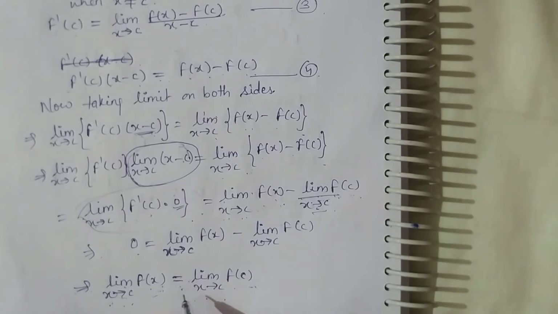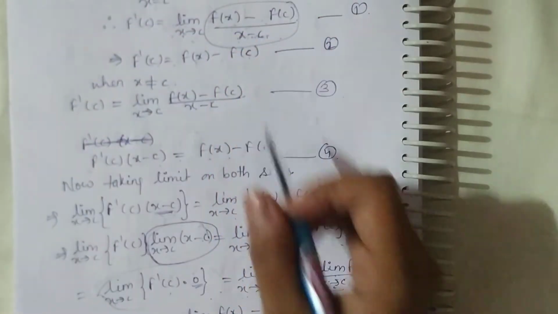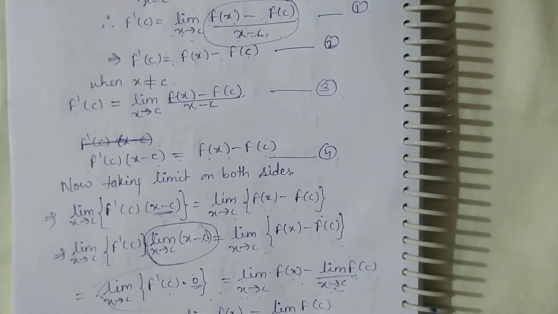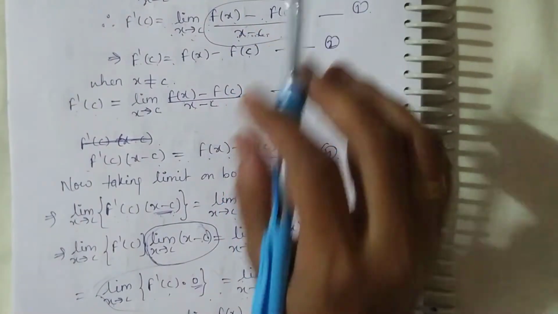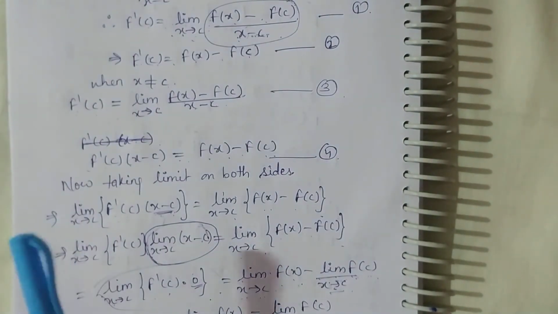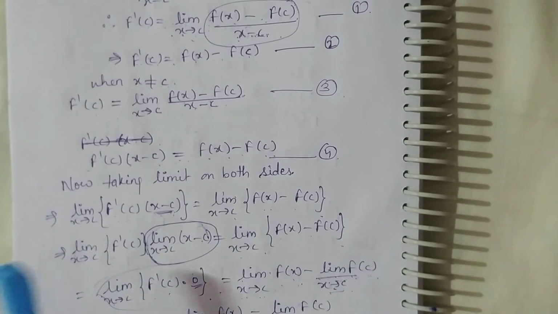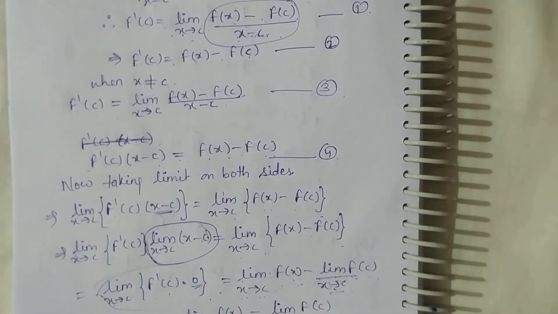Therefore the function is continuous. It means that here we have taken the function as differentiable and we get the result that the function is continuous. It means that every differentiable function is continuous. But note, every differentiable function is continuous, but every continuous function need not be differentiable.